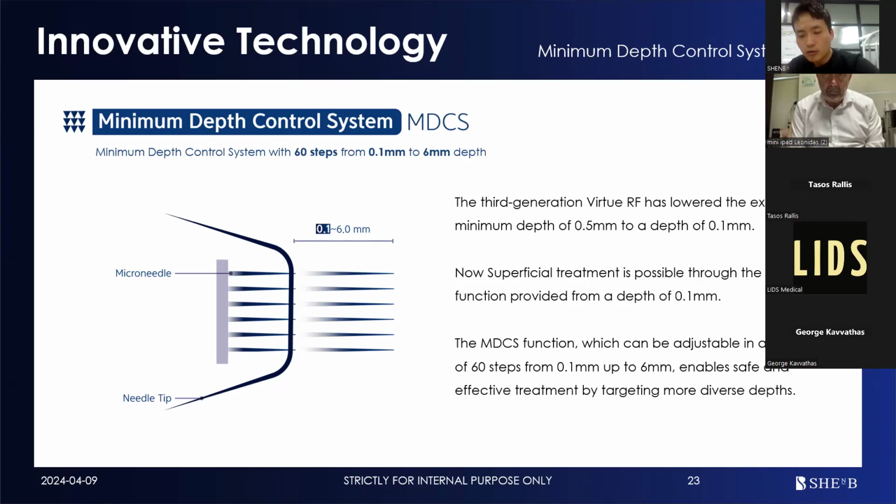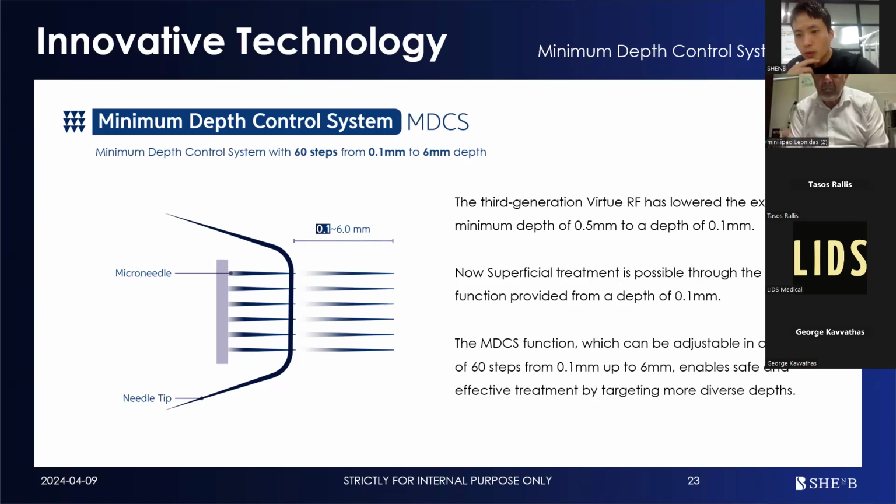Why 0.1 is important is that the other competitors cannot do this kind of minor depth. Of course, we do not choose 0.1 when we do a facial or body treatment. It is too low. But we can start at different, much shallower depths, for instance 0.3, 0.4, by using this minimal depth control system.